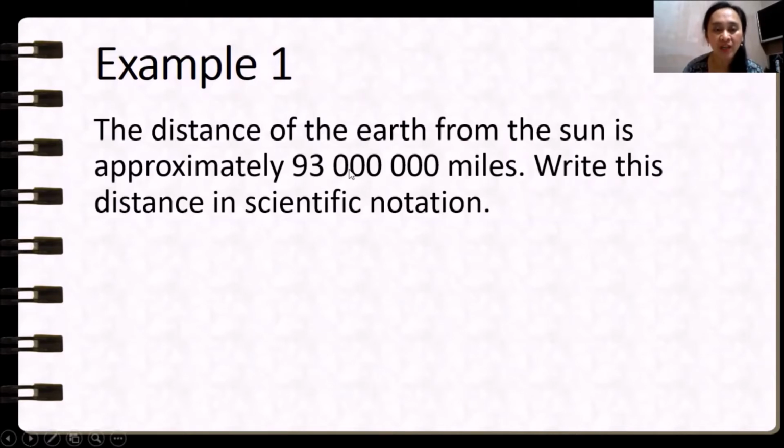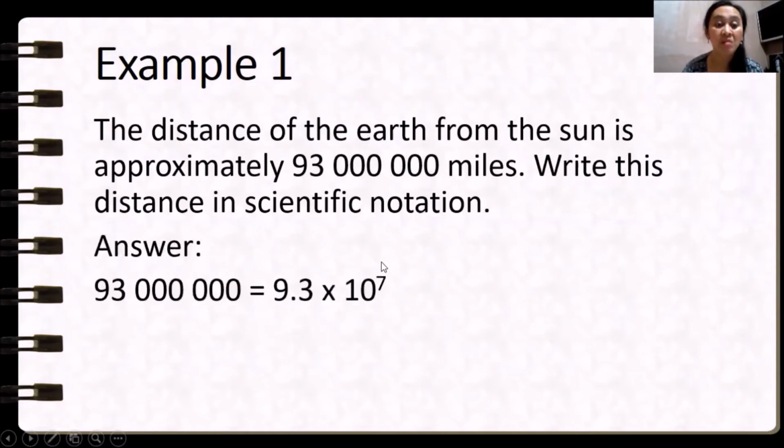Then from 3 going to this 0, ika-count natin at yun ang kanyang exponent. Going to the right, 1, 2, 3, 4, 5, 6, 7. Therefore, our final answer for 93 million is 9.3 times 10 to the exponent of 7. So, ganyan po natin i-rewrite into scientific notation.